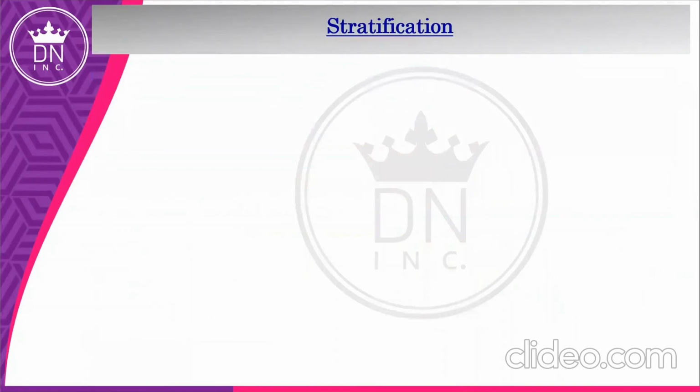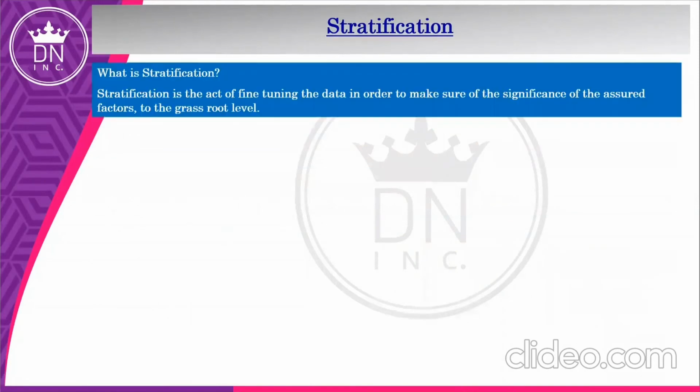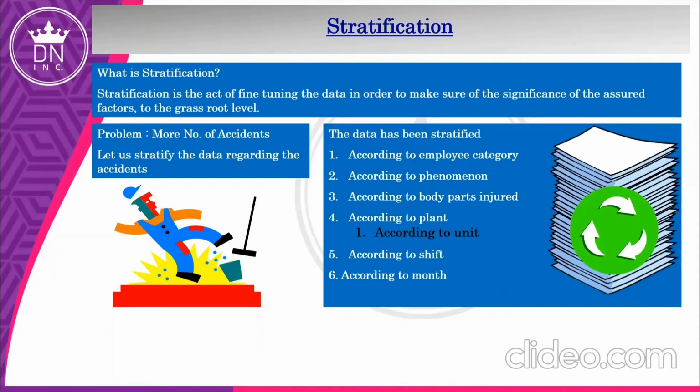The next tool is stratification. What is stratification? If you're facing any problems, you can segregate the data into different categories. That is when this tool will be helpful. I will show you one case study. In a company, there are a large number of accidents.